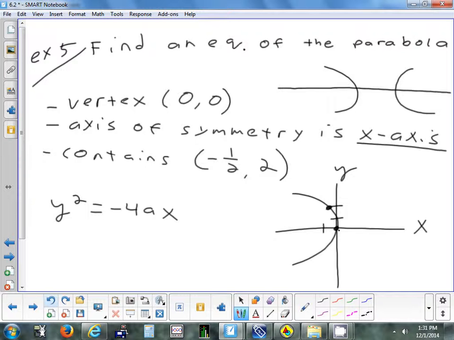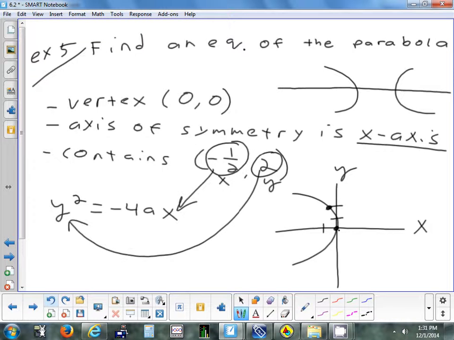It's not the a because we don't have the focus. It's just a generic coordinate. It's an x. What about the 2? It's a y. So we know x and we know y. Can we find a? Yeah. Just fill in x and y, and then we can find a that way.